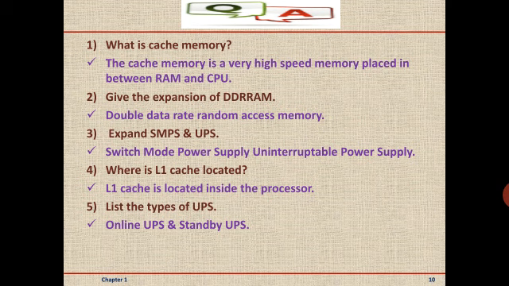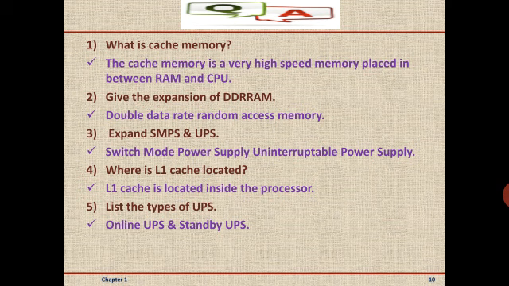DDR-RAM stands for double data rate random access memory. Third question is, expand SMPS and UPS. SMPS stands for switch mode power supply and UPS stands for uninterruptible power supply.